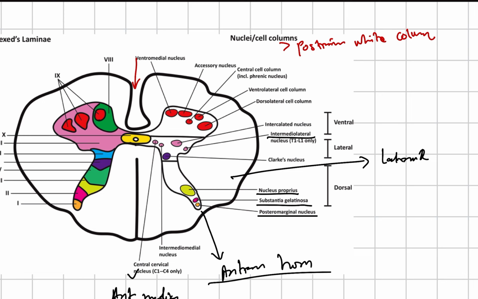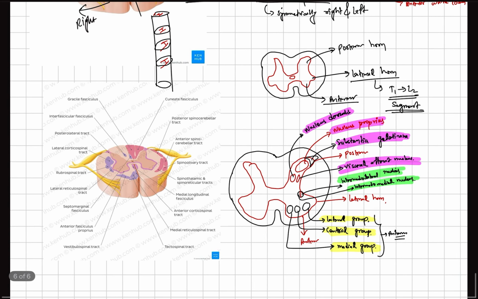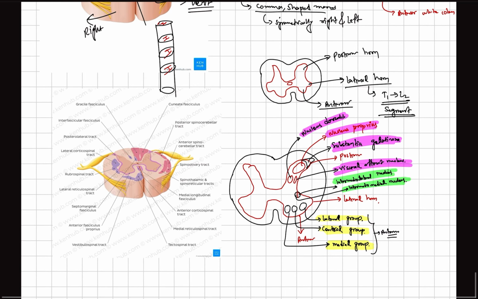Here is a ventromedial nucleus, central cell column, and dorsal cell column. I think this is not that clear, but this is an appropriate image, so we do not need more than that.